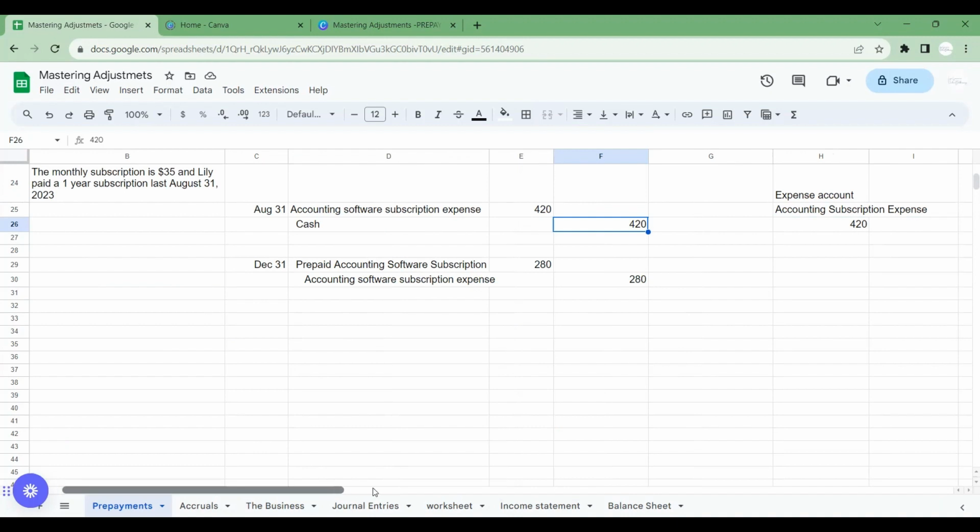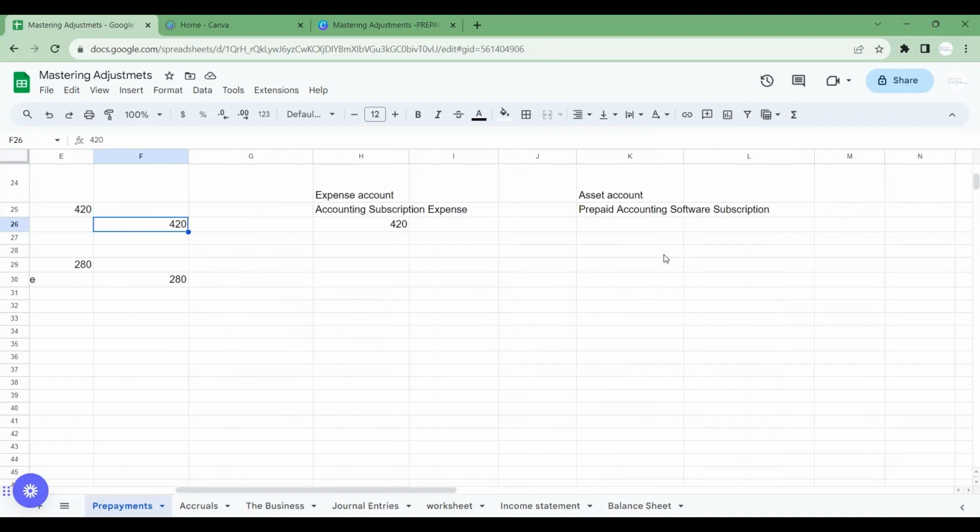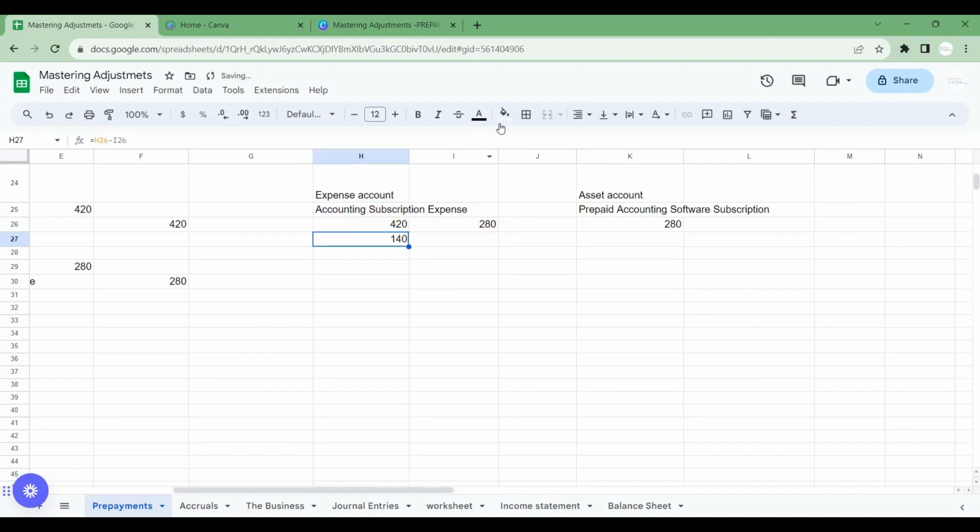We debited the prepaid accounting software account in the amount of 280 and credited the subscription expense in the amount of 280. So at the end of the accounting period, the expense portion is equal to 140.